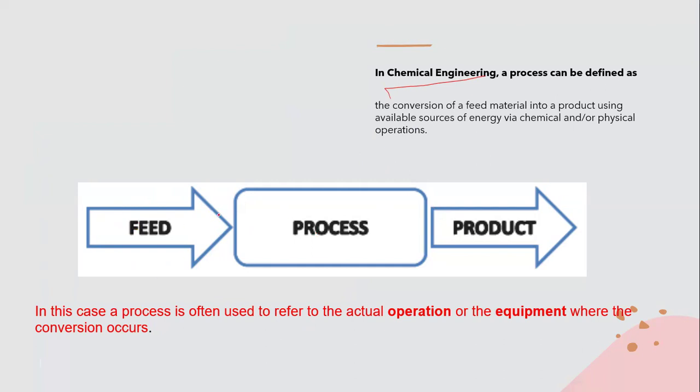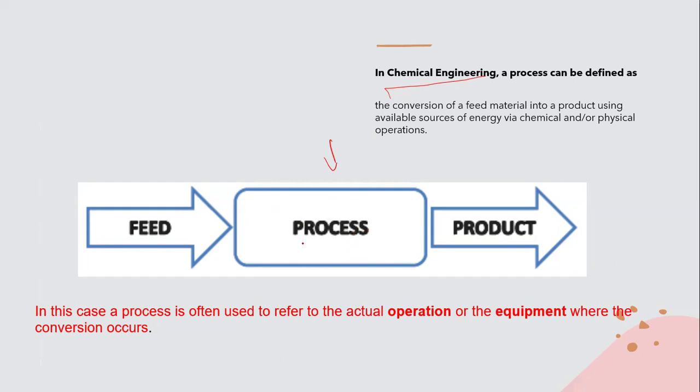We take our reactants into the process and we convert these reactants into a product. The moment we produce the product, we know that our reactants have been converted in the process. But you need to understand that within this parameter over here, which is the process, is where the chemical or the physical operations are taking place.